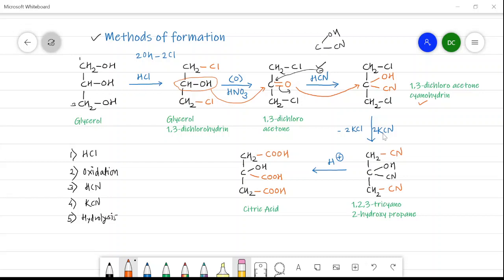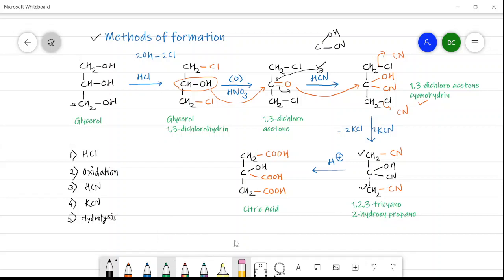Here, potassium cyanide is used and it causes the replacement of this Cl and this Cl by a cyanide group, and the change occurs at the first carbon and the third carbon. So here we are getting a tricyano compound. On the 3 carbons there is the presence of cyanide. So 1,2,3-tricyano-2-hydroxypropane is obtained.